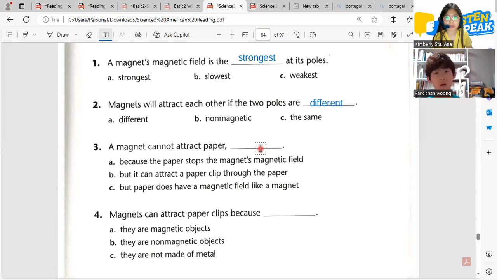A magnet cannot attract paper because the paper stops the magnet's magnetic field, but it can. Oh, wait.